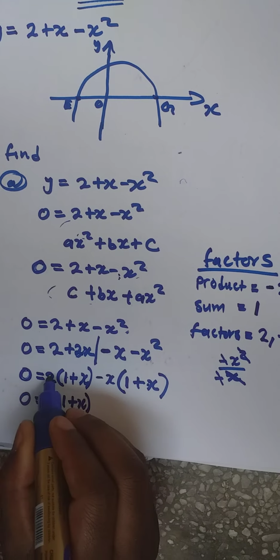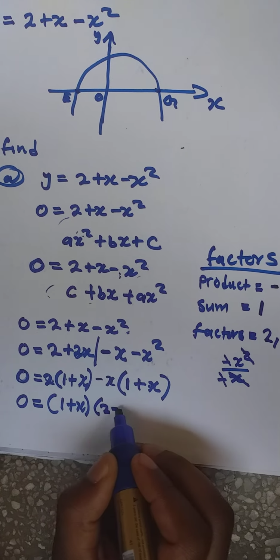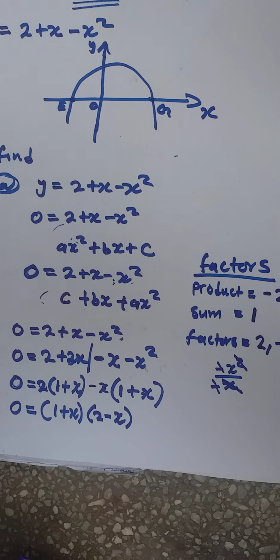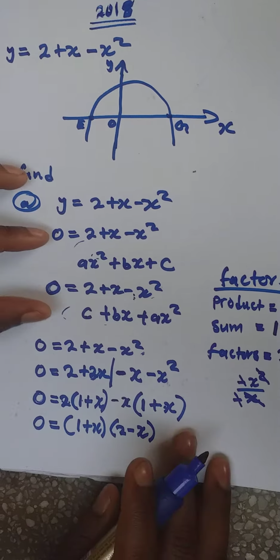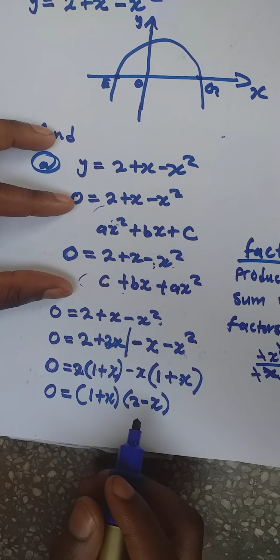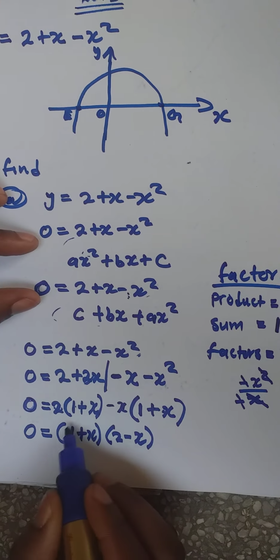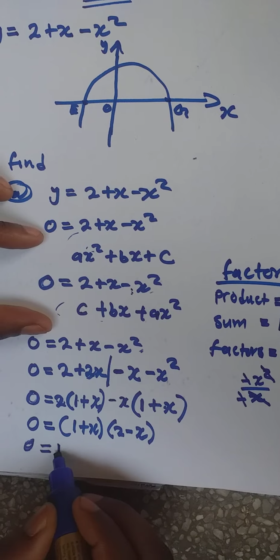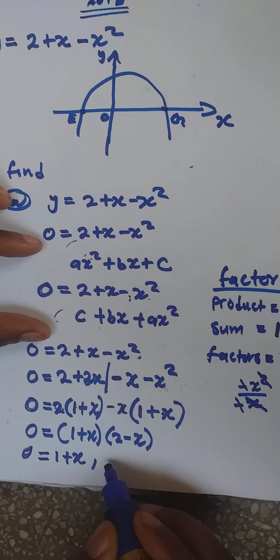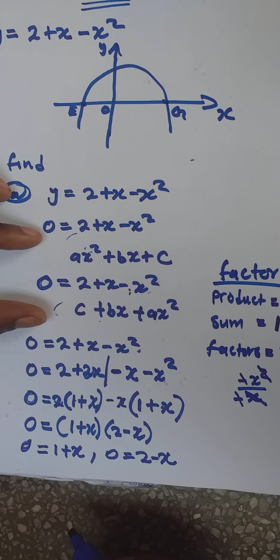And then you also make what is outside another factor. So this means you are done with factorizing. So what do you do further? Since you are asked to find the values for E and G, you simply equate these factors to 0. So it will be 0 equals 1 plus x, and then 0 equals 2 minus x.